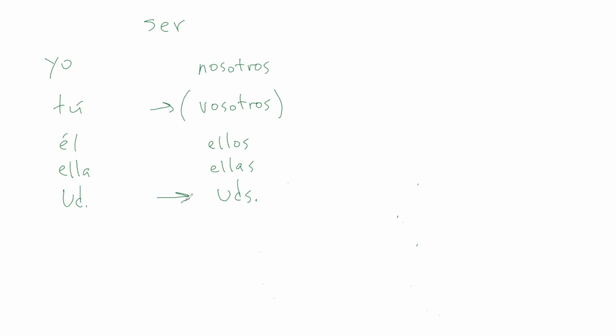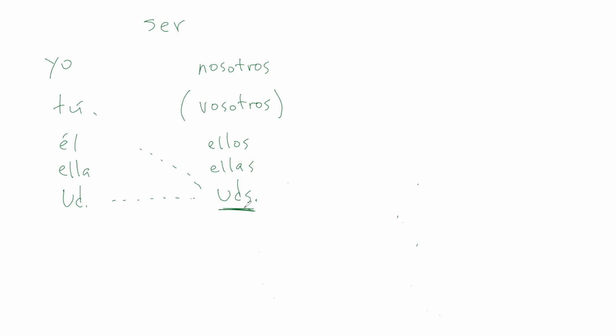In the Americas, they stopped using vosotros. They don't use vosotros in the Americas. And for the plural of tú, they use ustedes. So tú, talking to a friend or family.